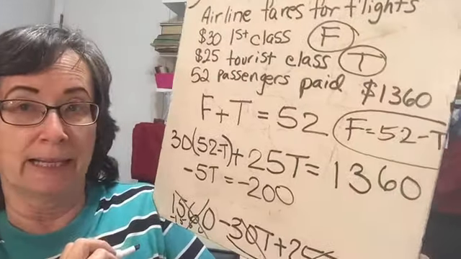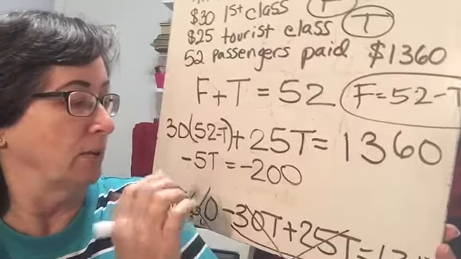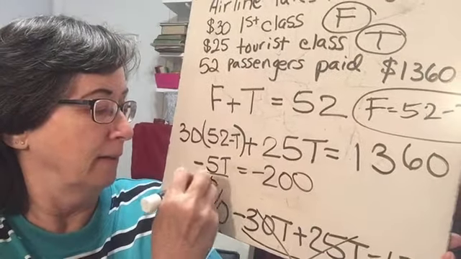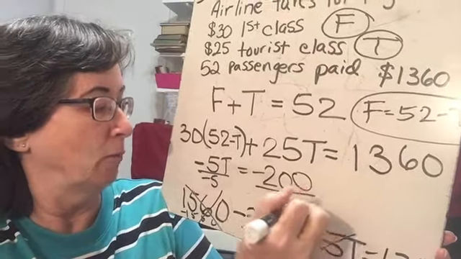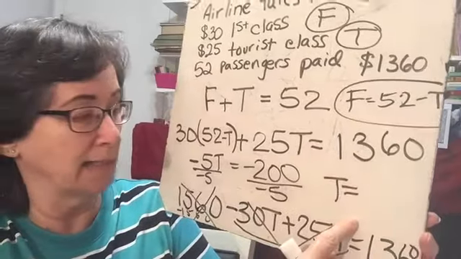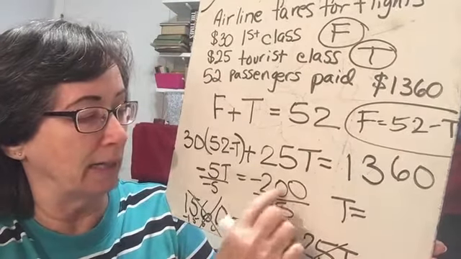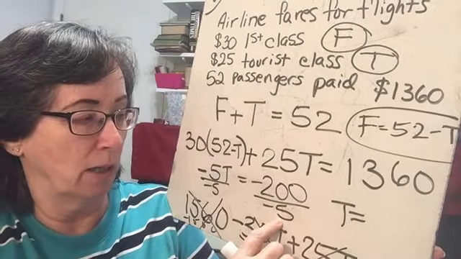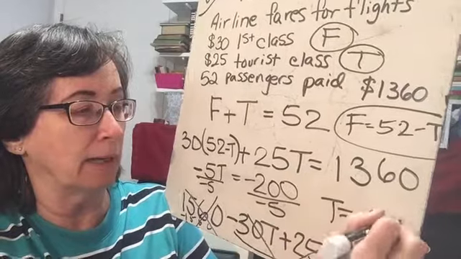Well, I don't want negatives in my answer, but I want T by itself, don't I? So I'm going to divide by -5 and divide by -5. And I'm going to wind up getting T equals, and that's the tourist class, then 200 divided by 5. Well, I know that 20 divided by 5 is 4. So 40, and then negative divided by negative is positive 40.